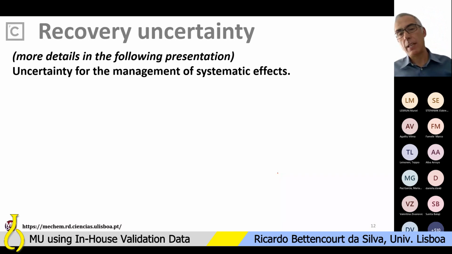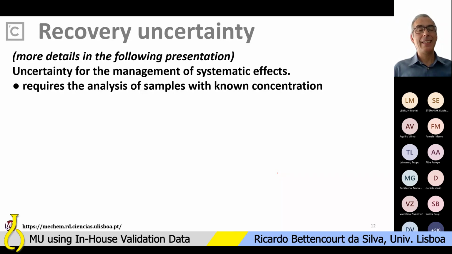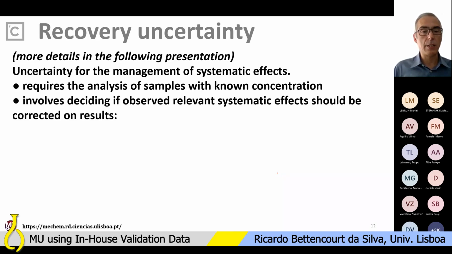But first of all, I would like to say that to evaluate the recovery uncertainty, we need to analyze at this stage samples with known concentration. To assess precision, we don't need to know the reference value of the samples, but to assess recovery, to manage the systematic effects, you need to analyze samples with known concentration.